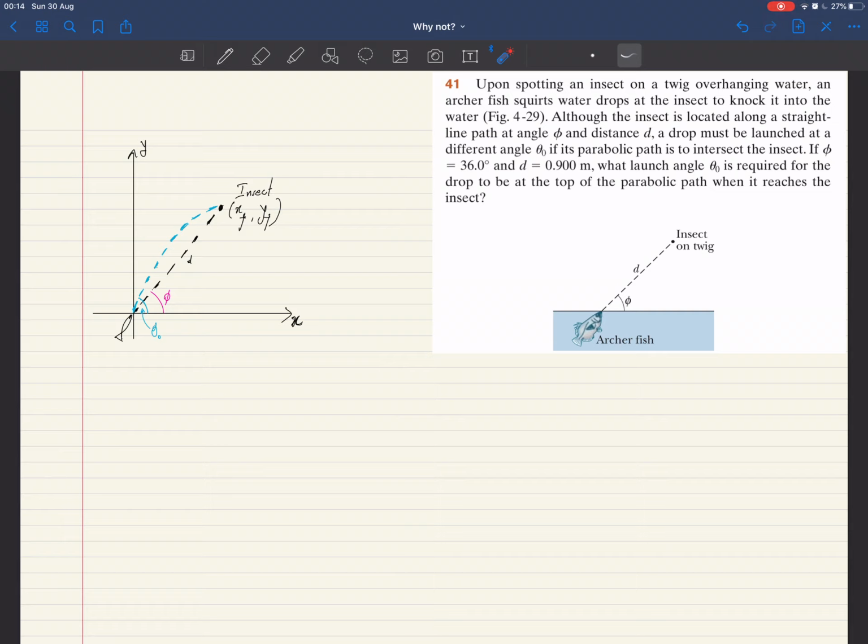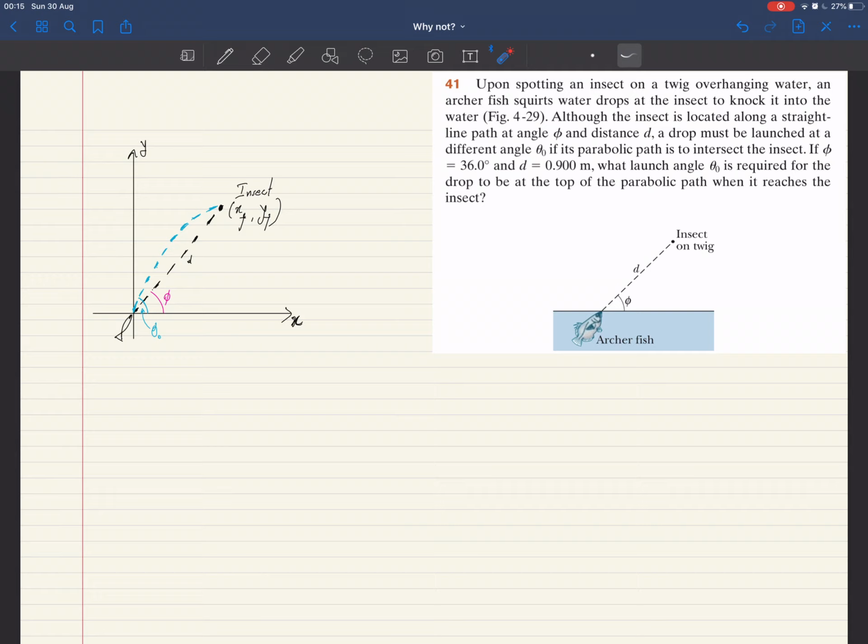Okay, here's one key observation. If the water squirted by the fish is to hit the insect, they must have the same position at the same time. Otherwise, the water would not hit the insect. It's critical that the final position of the droplet be the same as the position of the insect.